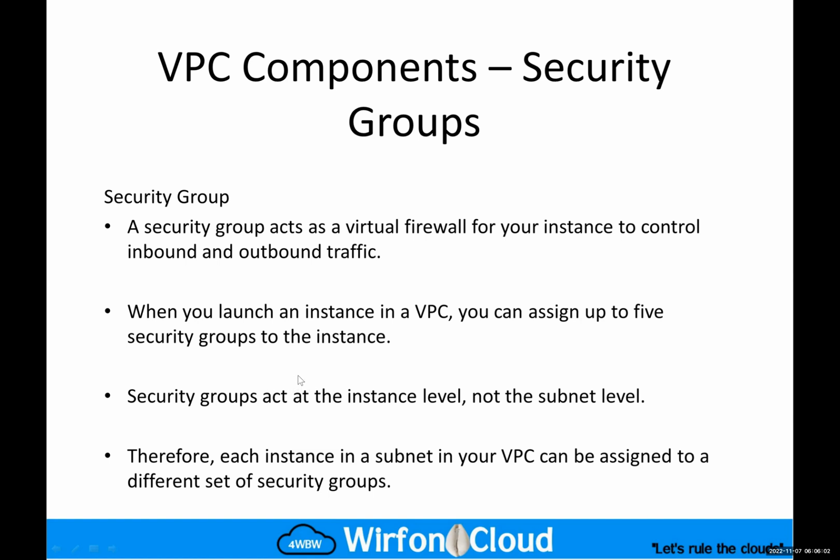For example, each EC2 instance in your subnet would have a security group assigned to it. You can assign multiple security groups to an instance. Each of these security groups would have rules that are evaluated before allowing traffic in to reach the instance or to leave the instance.